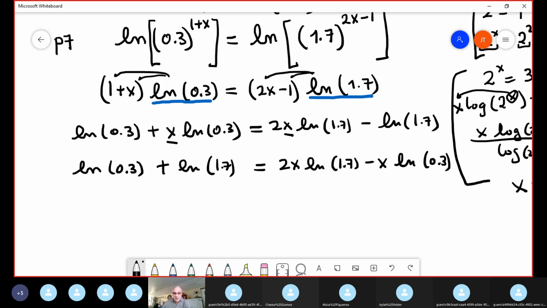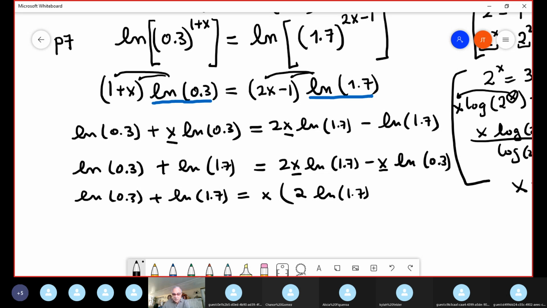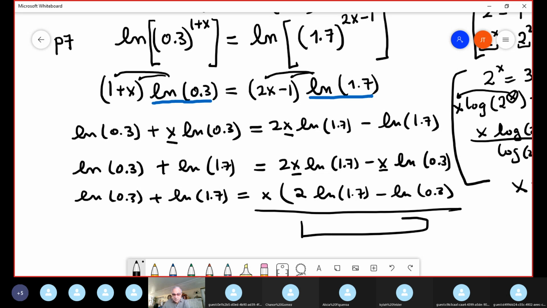Super. Now I can see that x is a common factor, I factor out. So we have a logarithm of 0.3 plus logarithm of 1.7. X is the common factor, we have 2 times ln 1.7 minus ln 0.3. Then you divide both sides by this factor.